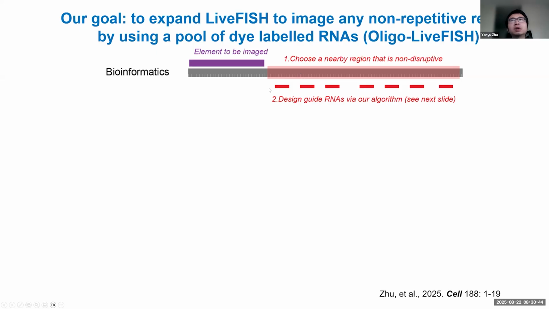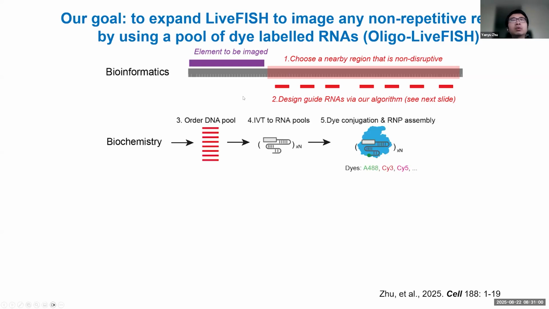So how does it work? First, we use a computational algorithm to design guide RNAs and use them to tile the region near the region of interest. Then we synthesize a pool of DNA oligos, and do in vitro transcription to turn the DNA into RNA.